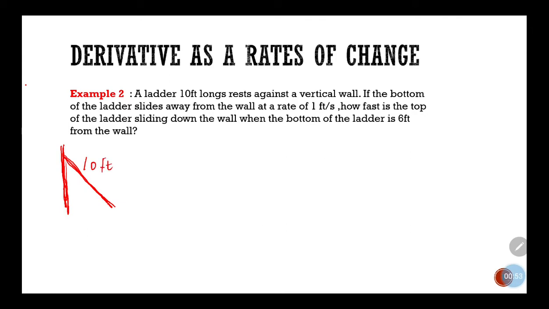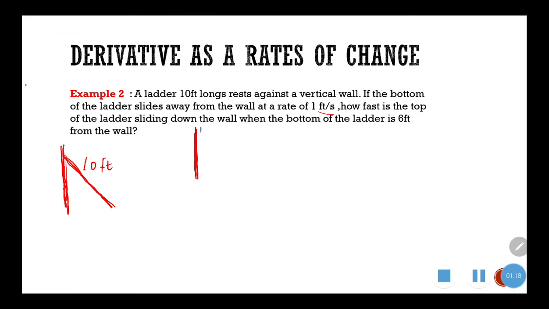Okay, if the bottom of the ladder slides away from the wall at a rate of 1 feet per second, maknanya asal dia, tangga tu dia duduk bertempek selari dengan dinding ni.